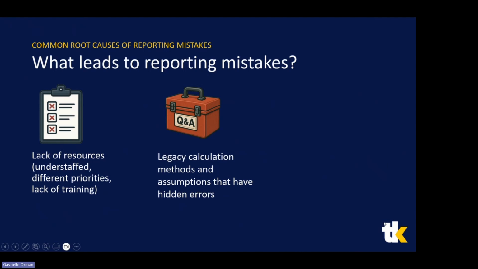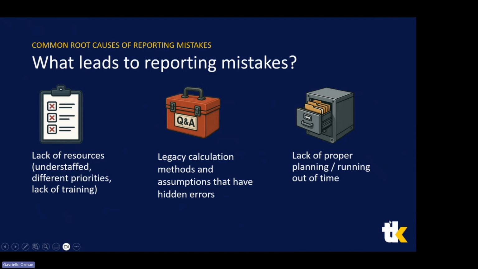Another common reporting mistake I see is using some sort of legacy calculation method or legacy assumptions, and those may have hidden errors that you're unaware of, but have carried over year to year in your reporting. And then finally, a lack of proper planning or running out of time.